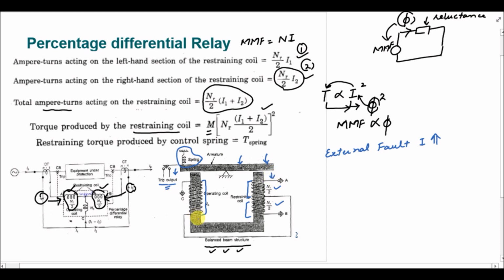So the torque produced by the operating coil should be more than the torque produced by the restraining coils plus the torque of the spring, right? So as the external fault is increasing, the restraining torque will increase, but the operating torque will also increase.